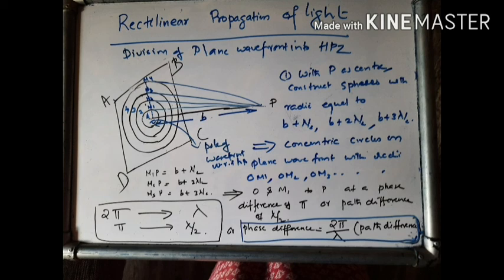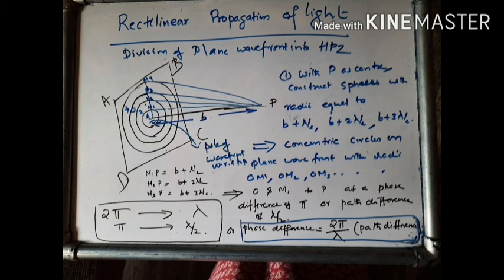Now the effect at the point P on the screen depends upon the number of half period zones exposed to the point P, as well as the distance of the point from each half period zone and the inclination factor.